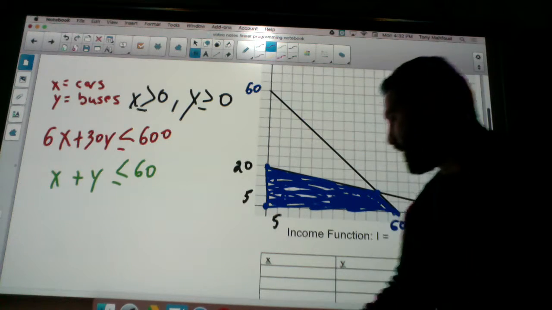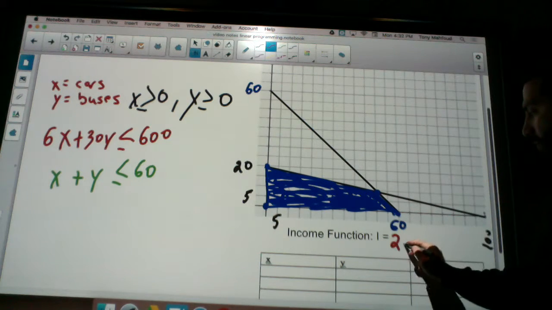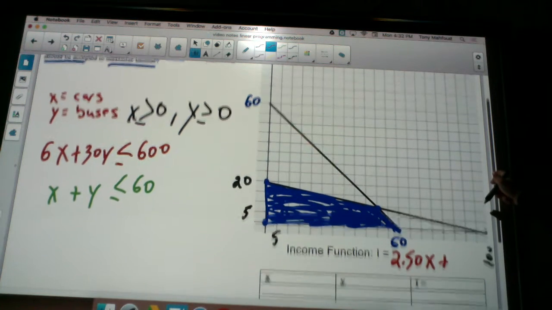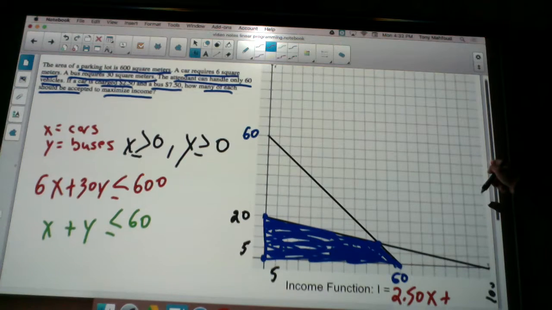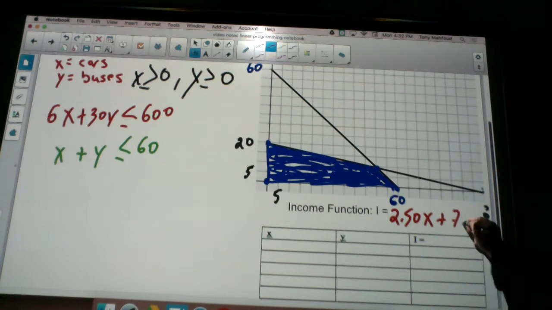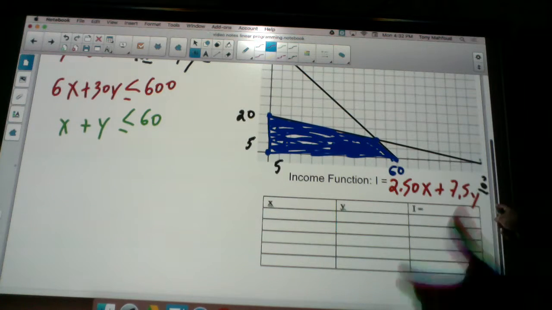So my income is going to come from me charging $250 for each car coming in. Plus, it's also going to come from my buses. What am I charging the buses? $500 more. $750 for those buses. And this is going to be my income function. That's my objective function. That's what I'm going to try to maximize here to find out what's the maximum income.